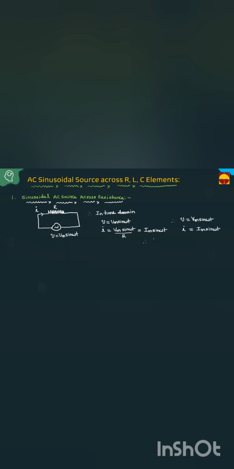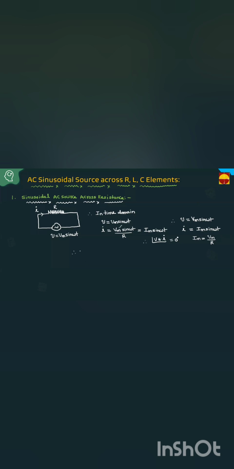Then what is the angle between voltage and current, students? This is equal to 0 degrees, because V equal to Vm sin omega t, and I is also Im sin omega t. What is Im here? I have taken Im equal to Vm by R. The angle between voltage and current is 0 degrees. Then what is the observation?